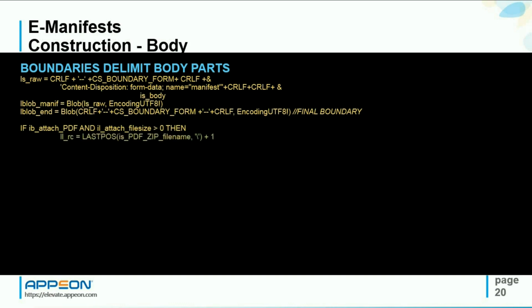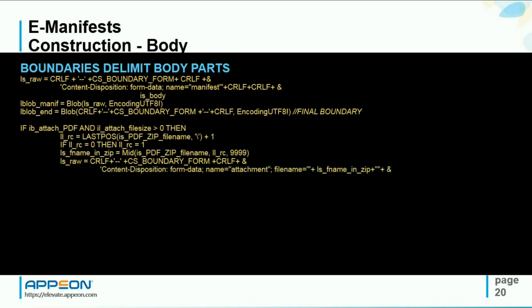If we have an attachment, then we have a whole bunch of other stuff to do, like getting the name of the file and then producing a little header of that section in the body. This time we're saying this is an attachment and we have a file name involved, and that file is a compressed zip, and that we're going to be transferring it in binary coding, not base 64.